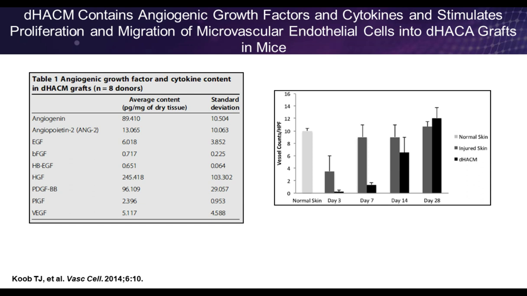So this really then pulls all of this biochemistry into relevance of being able to actually promote new vessel formation above what would happen in just a normal injury, and especially at the later days of day 28.